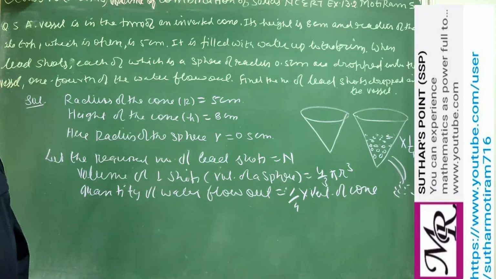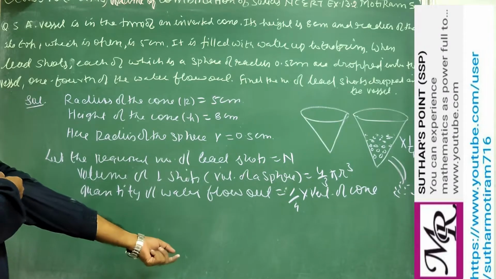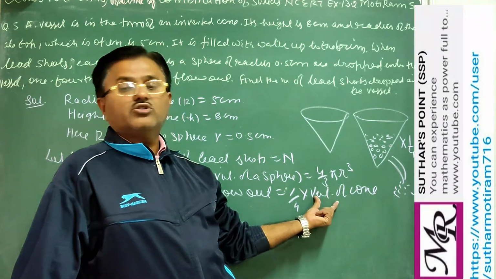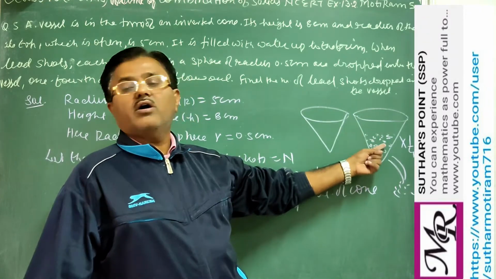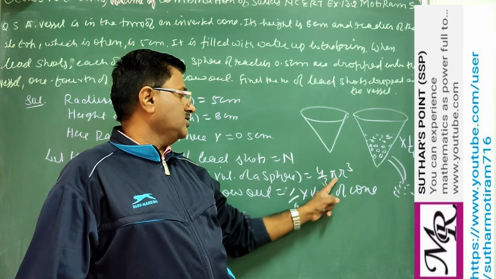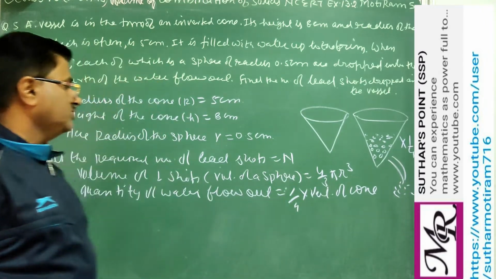It means that 1/4 volume of the pond flows out. So that 1/4 volume of the pond should be equal to the volume of the total number of shots. The volume of one shot is 4/3 pi r cube, and we take n, so n into this should be equal.